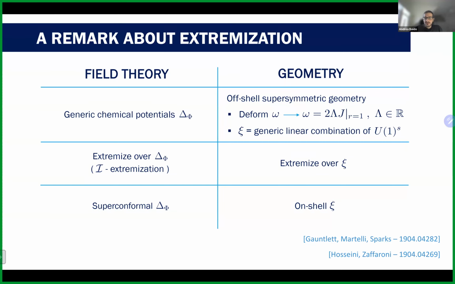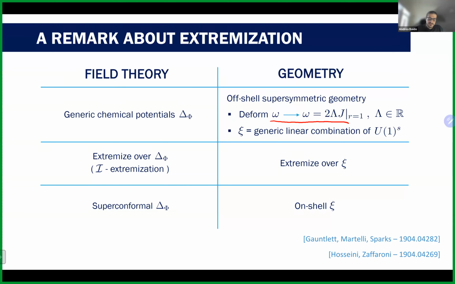This procedure is mirrored in geometry by some geometric extremization principle, where in particular we want to go off shell, but still retaining some supersymmetry in the geometry, and that's achieved by, for once, deforming the Kähler form in this way. So we introduce an extra parameter, capital Lambda, which is a real parameter, and it will be fixed later on by some flux quantization condition.